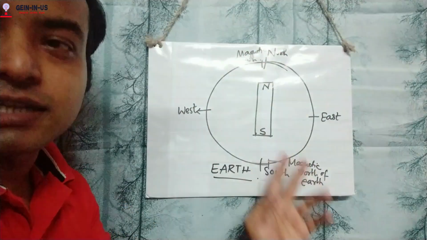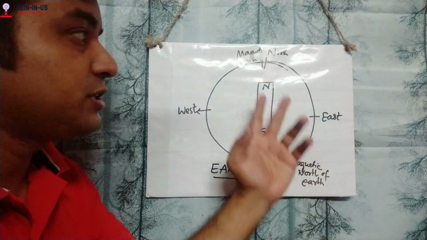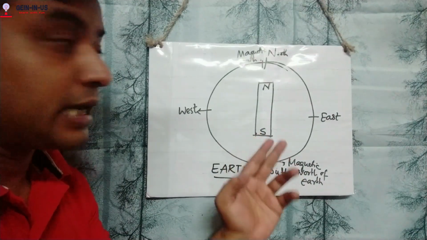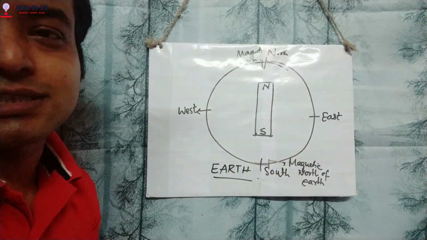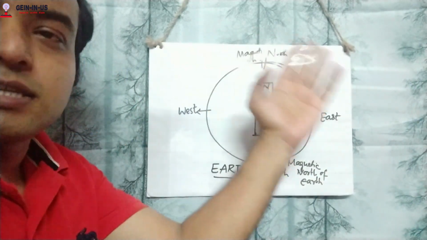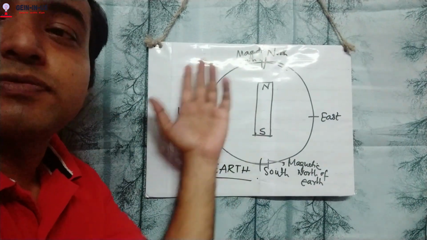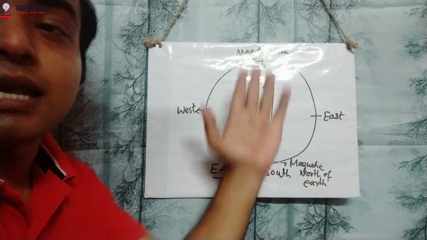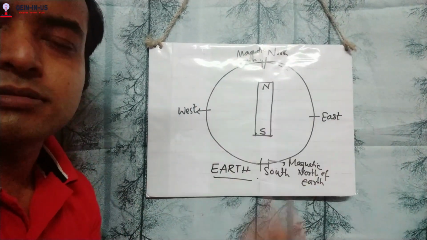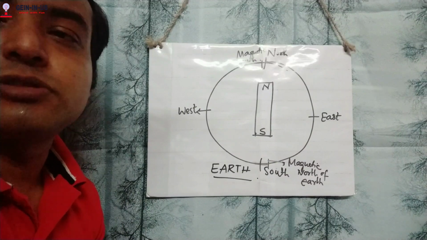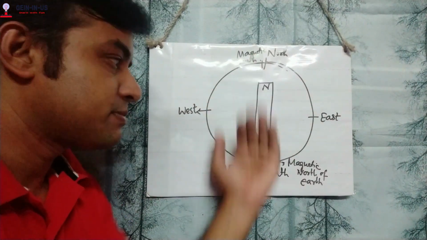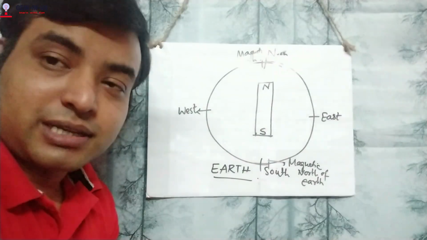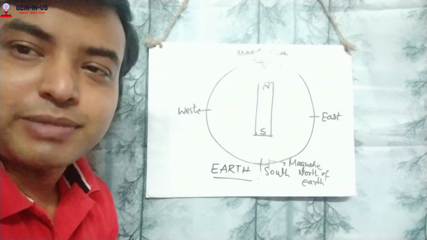These two magnetic poles make the bar magnet always align in this direction, because the earth is a magnet. Because of the magnetism of the earth, the magnet is aligned in this direction. Any magnet in this universe you take will always align in this particular direction. This property of a magnet is known as the directive property of a magnet.